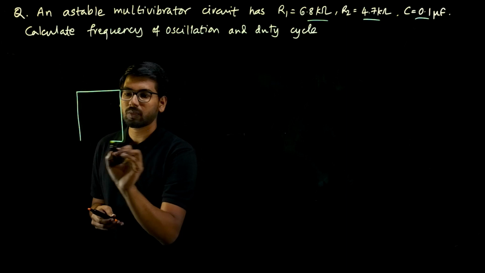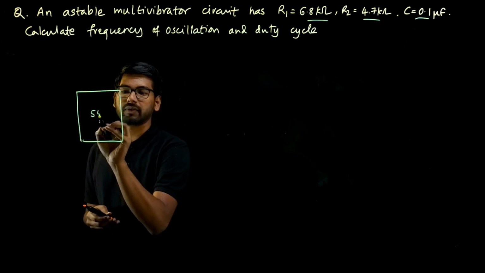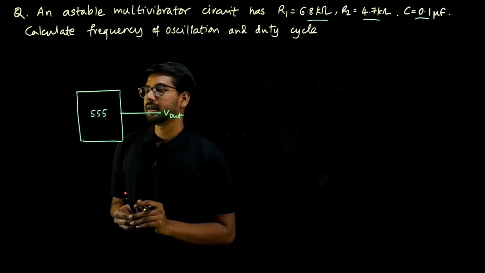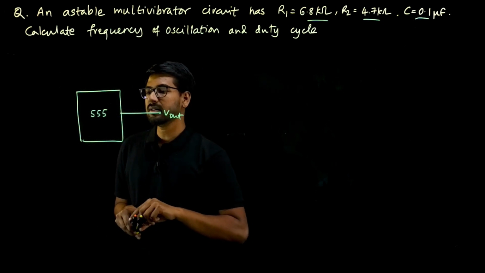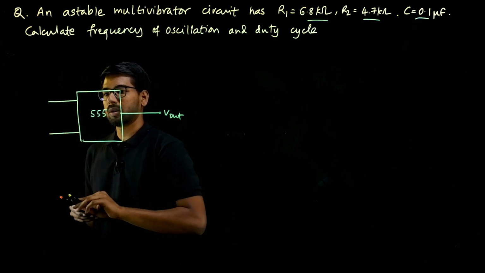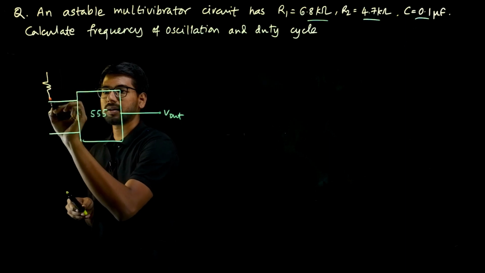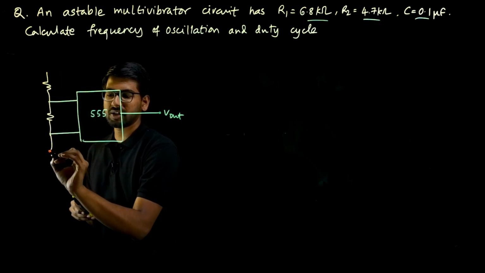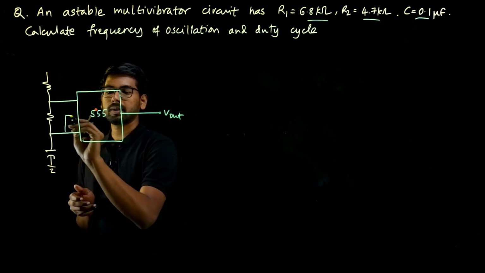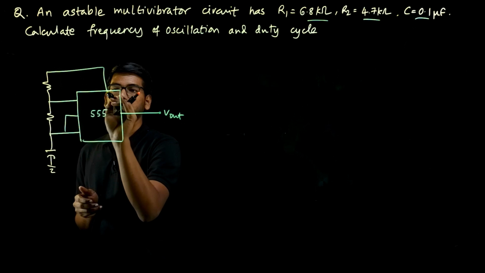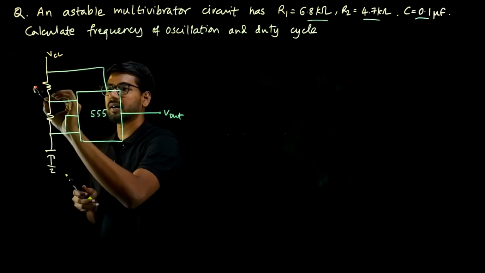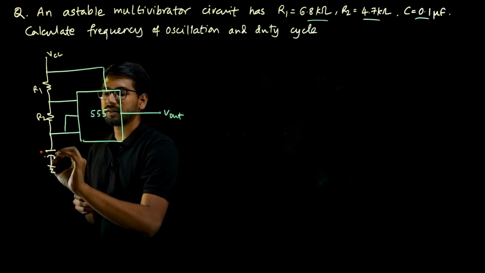It has a V out here, and to this, what is attached is a couple of resistors like this, and a capacitor which is connected to ground. These are all connected to VCC. This is R1, this is R2, and this is C.